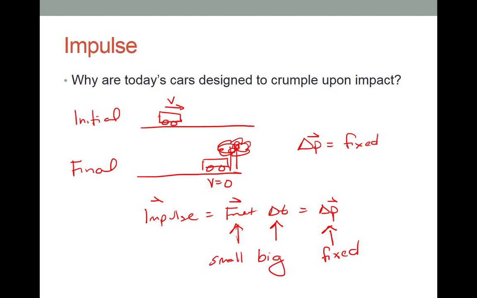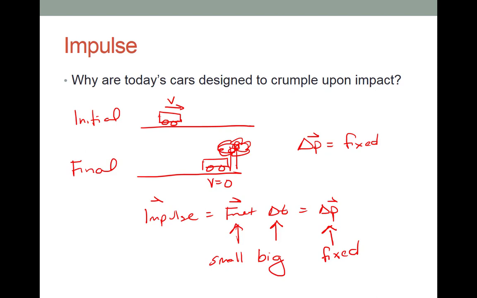On the other hand, if I design whatever is hitting the tree such that it folds and it crumples, that process of folding and crumpling is going to take longer than a sharp impact like a piece of steel would have. So I extend the time, therefore I decrease the net force and make it more likely that the person inside is going to come out uninjured.